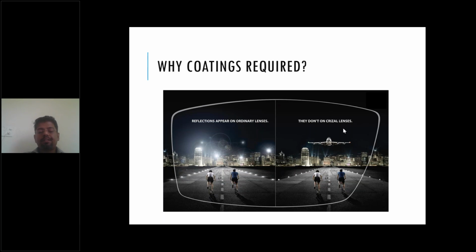Whenever there is a very good coating on it, for example Crizal lenses with AR coating, the excessive reflection is substantially reduced and the images are much clearer. Even the aeroplane here is much clearer compared to the normal glasses. It's not the only reason coatings are required, but it is one of the reasons. It reduces the reflection.